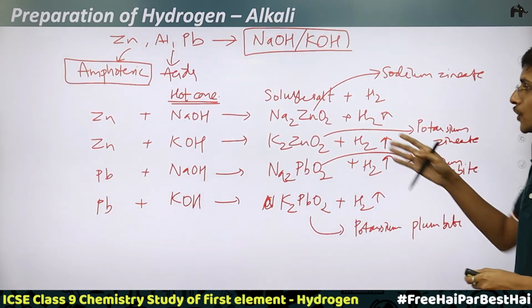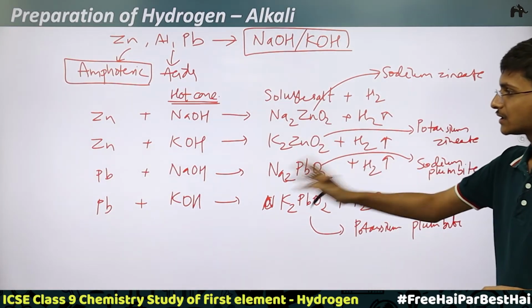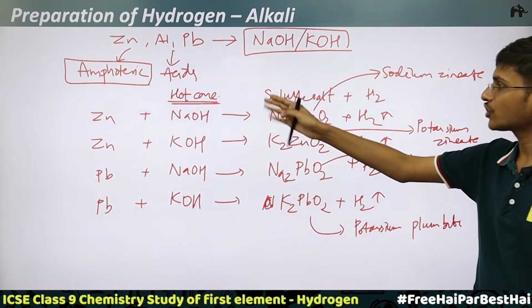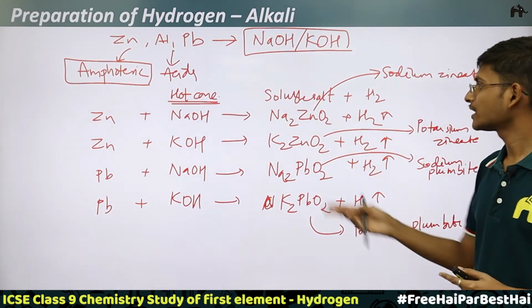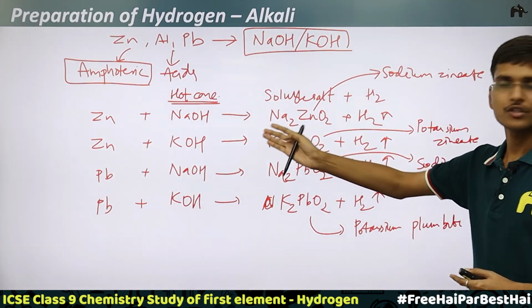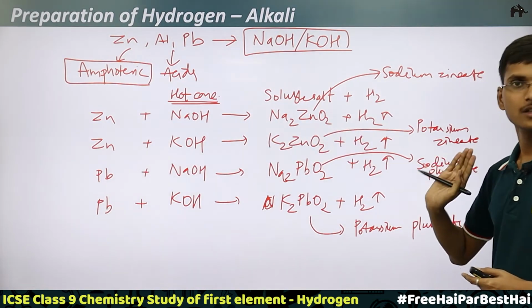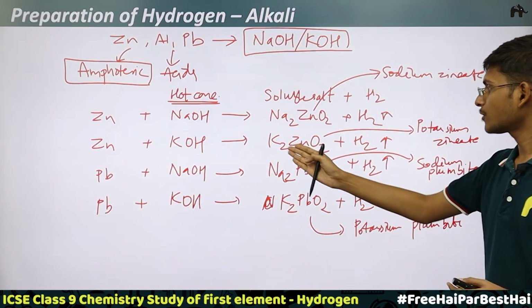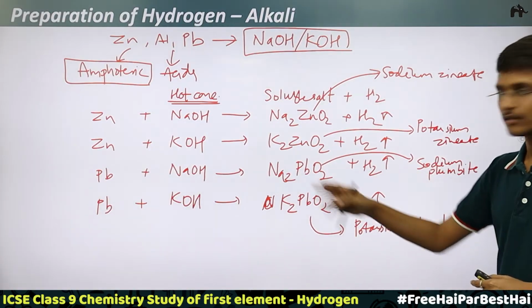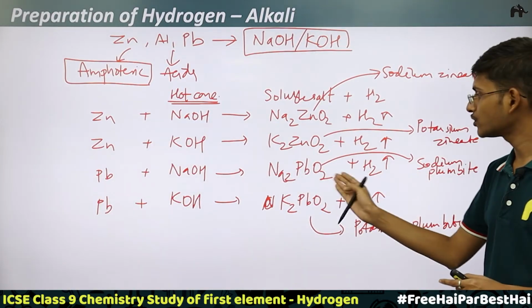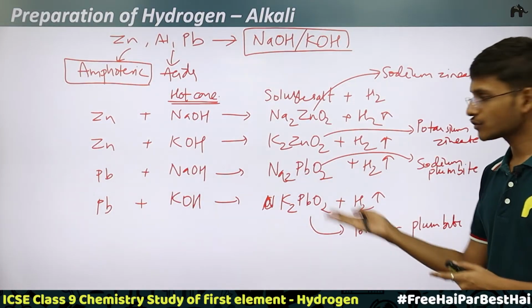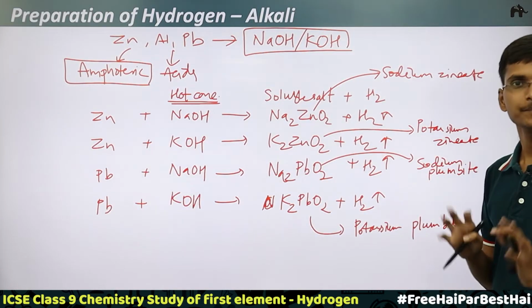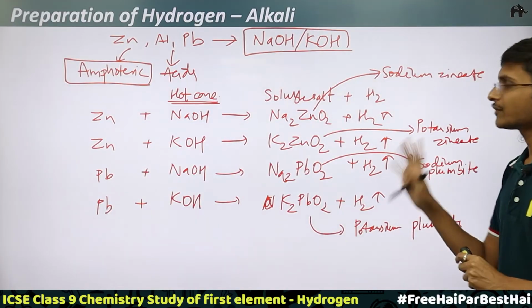Clear? So zinc and lead reacting with hot concentrated NaOH and KOH exactly in a similar manner. Zinc reacting with NaOH to form Na2ZnO2 and hydrogen. Zinc reacting with KOH to form K2ZnO2 and hydrogen. Same way, lead reacting with NaOH to form Na2PbO2 and hydrogen. Lead reacting with KOH to form K2PbO2 and hydrogen. The similar type of reactions.